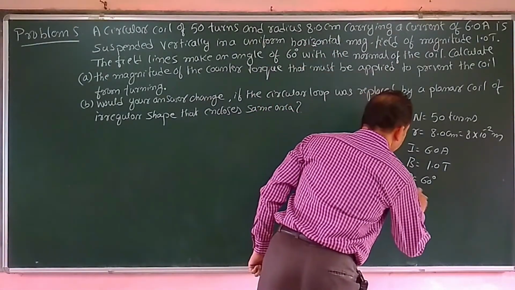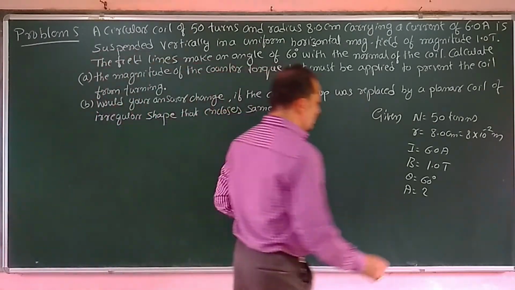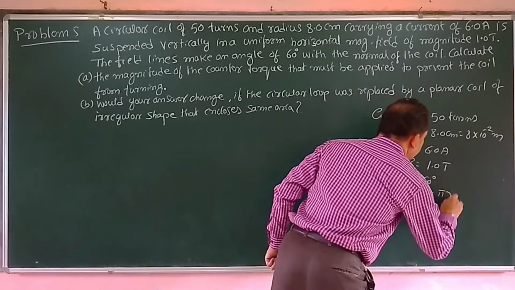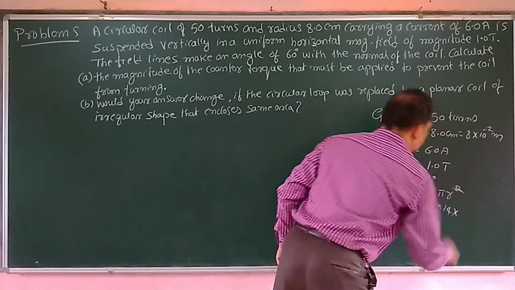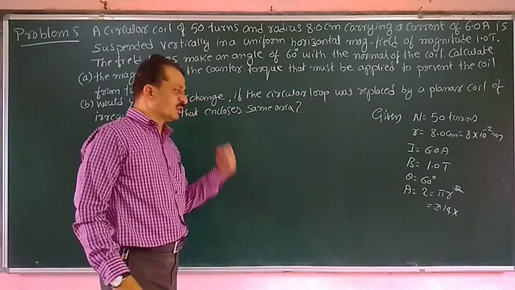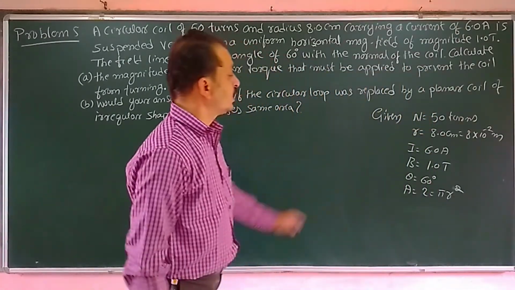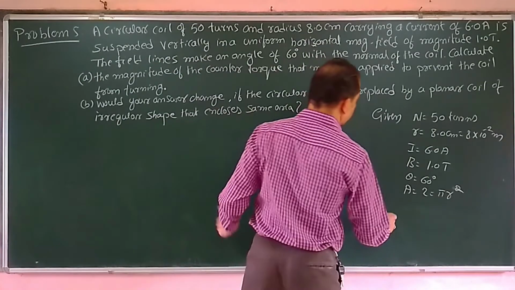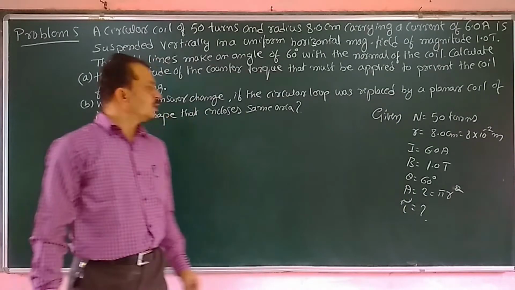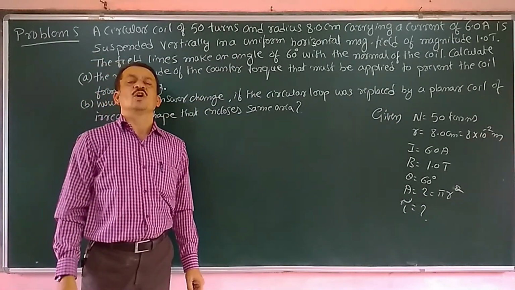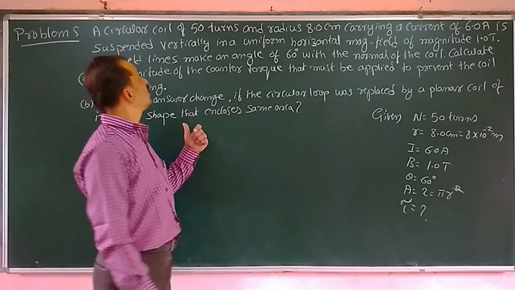Now first we have to calculate the area of cross section of that circular loop. Area is equal to pi r square, that is 3.14, and we will substitute that while calculating. Then we have to calculate the magnitude of the torque. We are already familiar with the torque experienced by a current loop or current carrying coil.